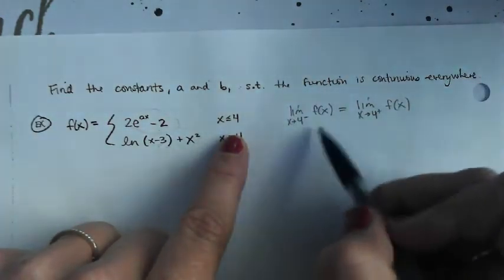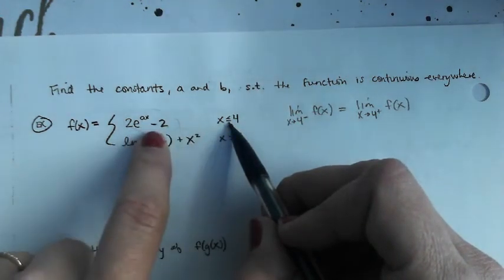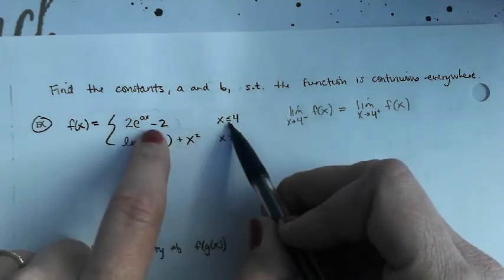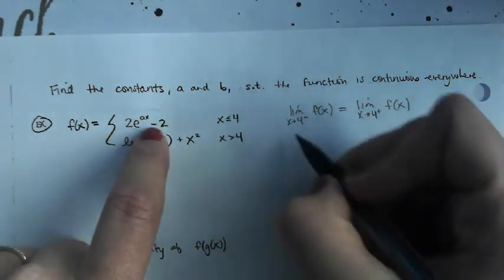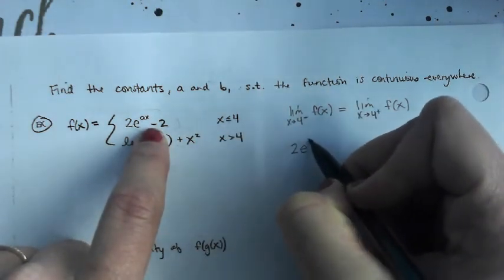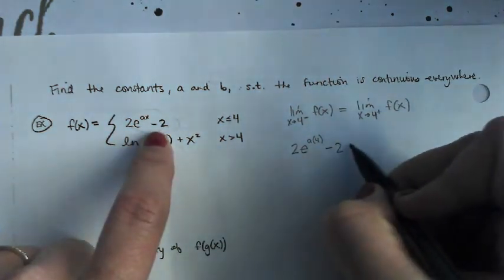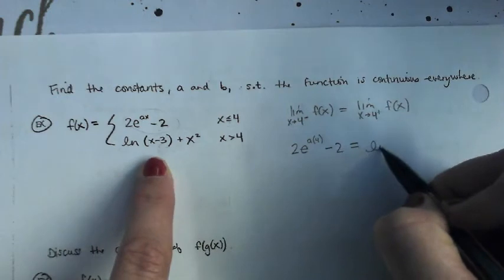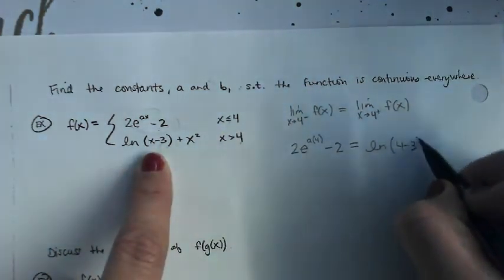So approaching 4 from the left means we have to plug in 4 to this equation. For what variable? We plug 4 in for x. So 2e times a to the a times 4 power minus 2 has to equal the natural log of, and we're plugging 4 in for x down here as well.